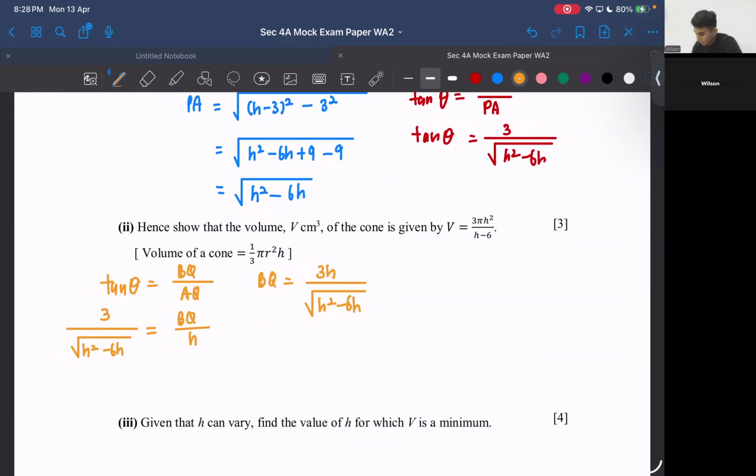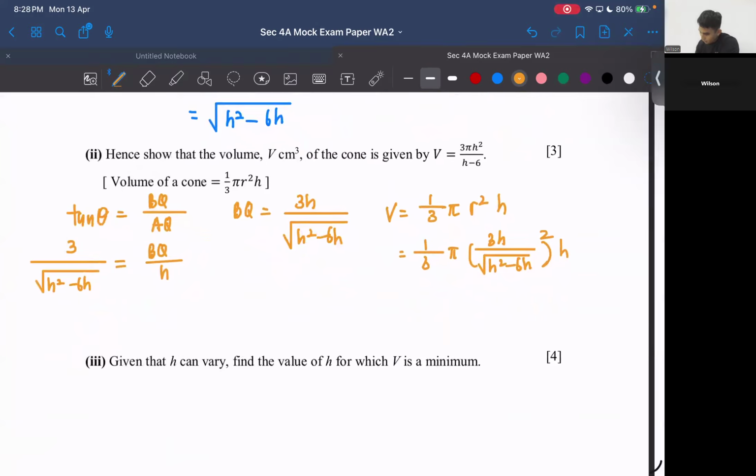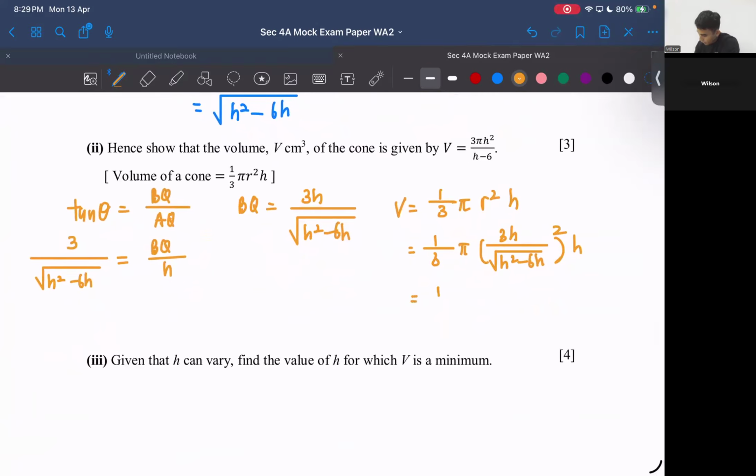Now, volume is 1/3 pi r squared h, which equals 1/3 pi times 3H over the square root of H squared minus 6H, squared, times H. Now, just copy this down until here, and then after that, I'll expand it out.